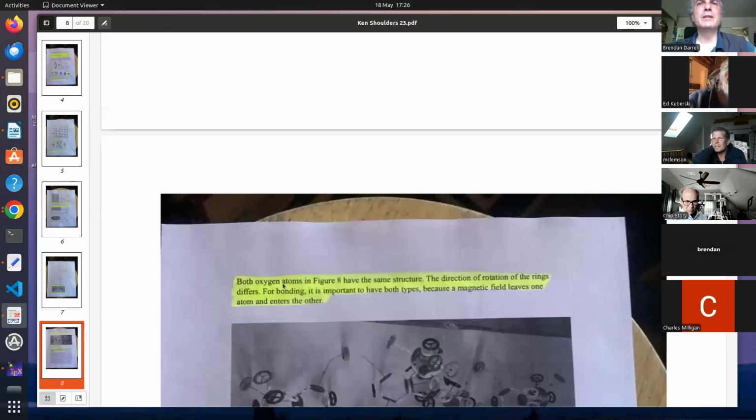Both oxygen atoms in figure 8 have the same structure. The direction of rotation of the rings differs. Bonding, it is important to have both types because a magnetic field leaves one atom and enters the other.